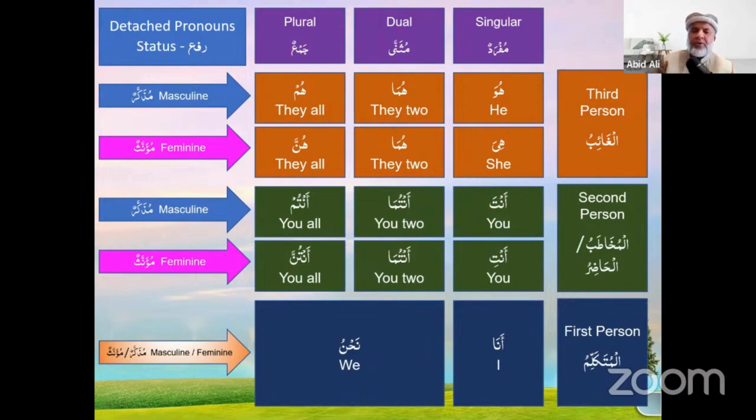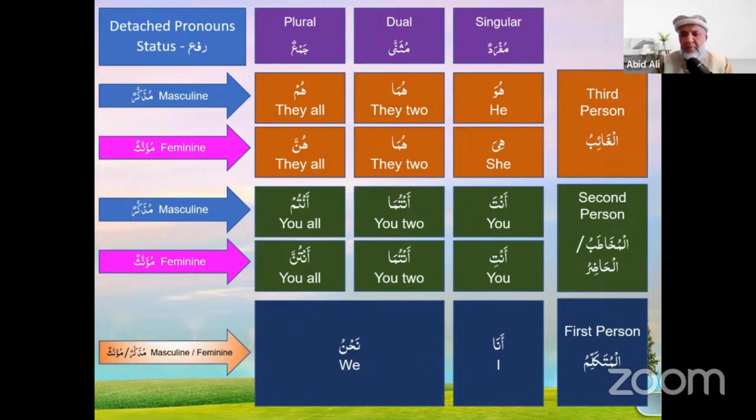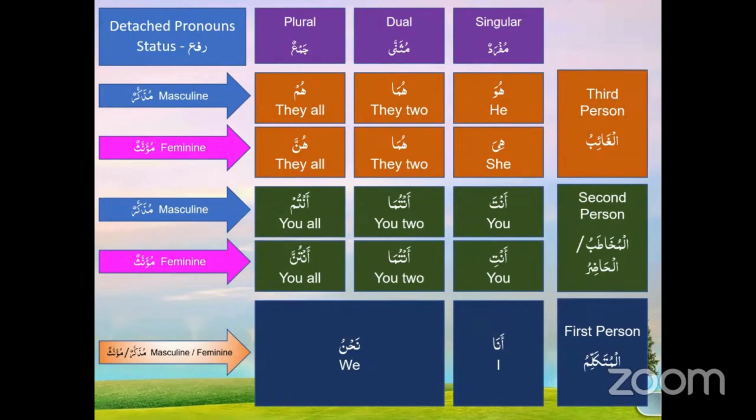Okay. So let's repeat this together so that we know the answers to what are the pronouns of rafa. Say huwa. Huwa, huma, hum. That's for the male. Huwa means one male, he. Huma, they two, male. Hum, they all, male. What about the female? Hiya, huma, hunna.